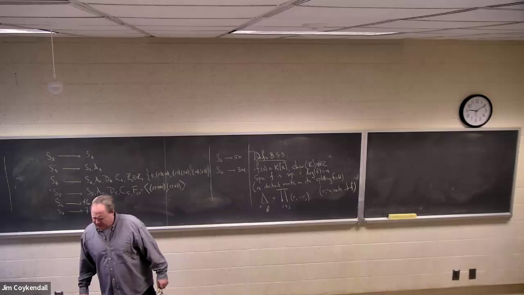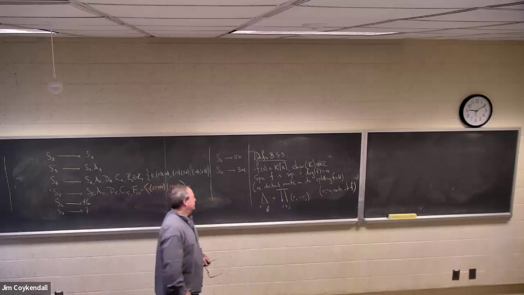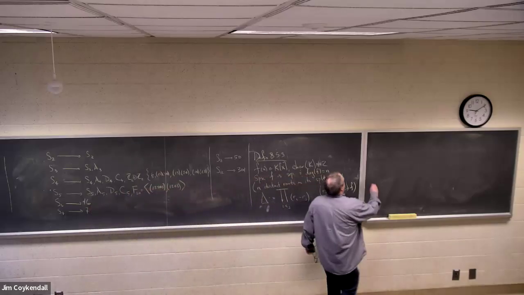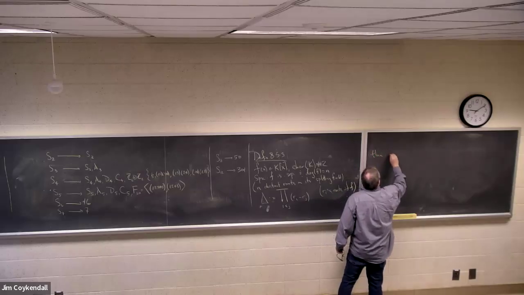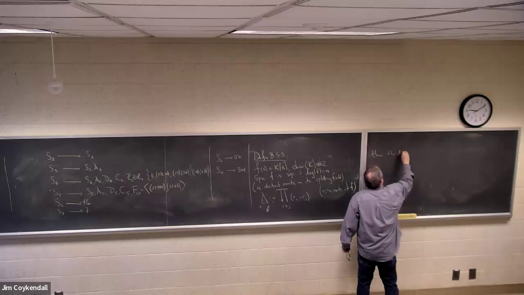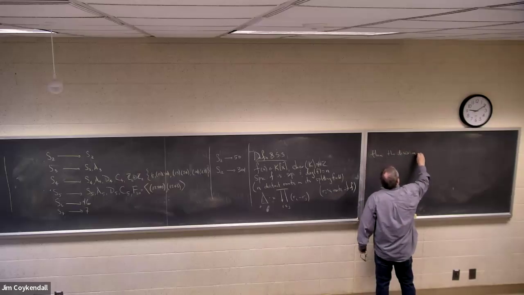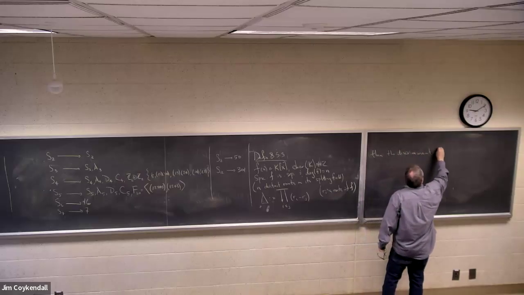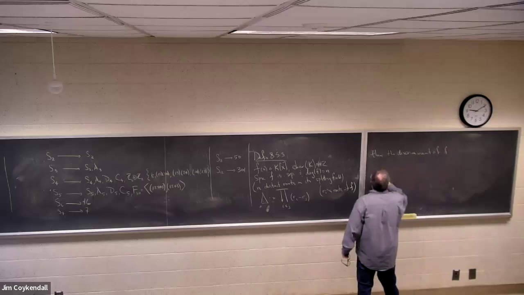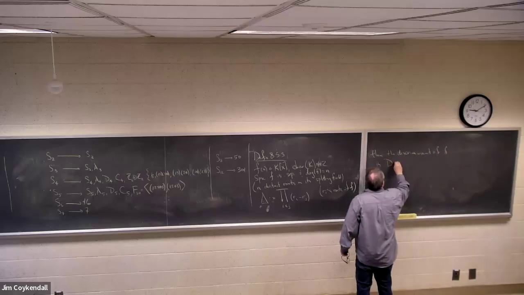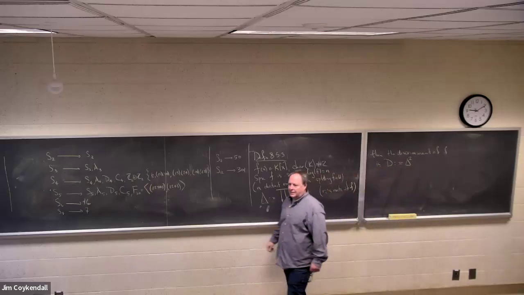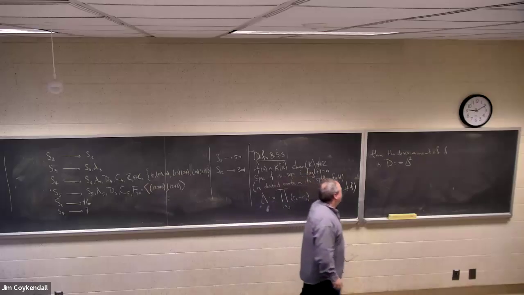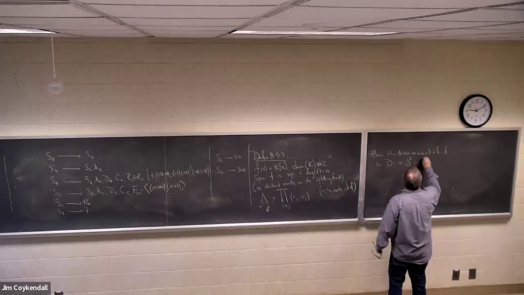Then the square of this is called the discriminant. It's of course a square.